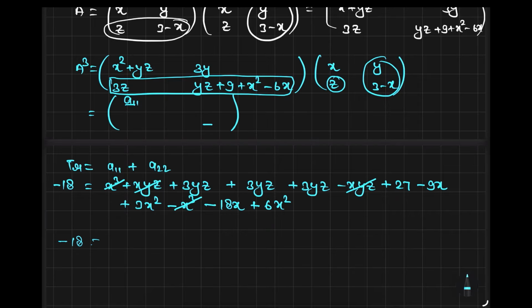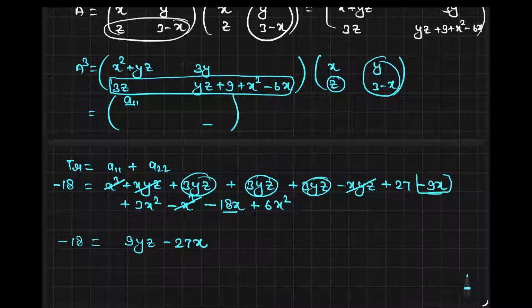So minus 18 equals 3yz plus 3yz, so 9yz. Then minus 27x, so we neutralize this. And then we have 3x square and 6x square, so 9x square. And then we have plus 27.